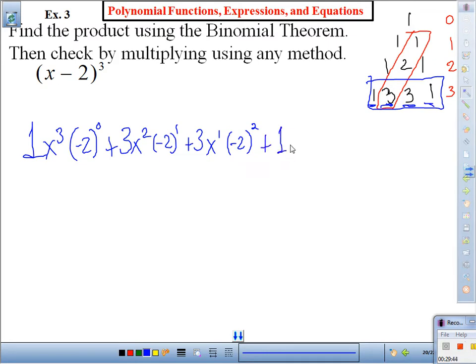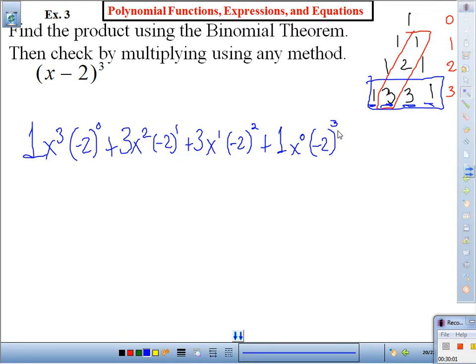One x to the 0. It went from 3 to 1, 0. And negative 2 to the 0, 1, 2, 3.